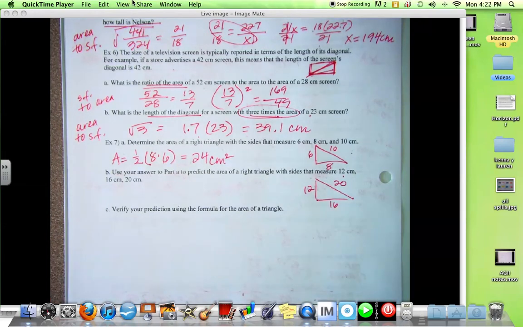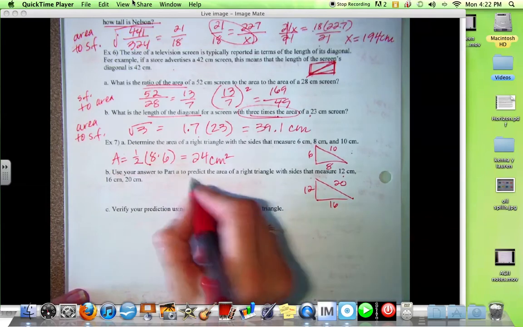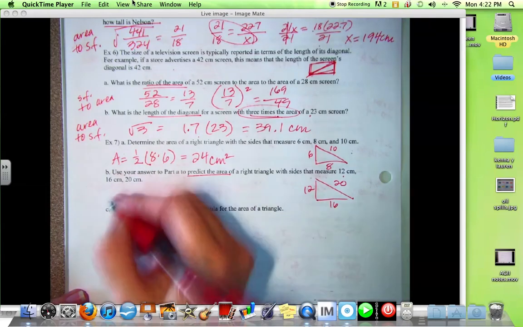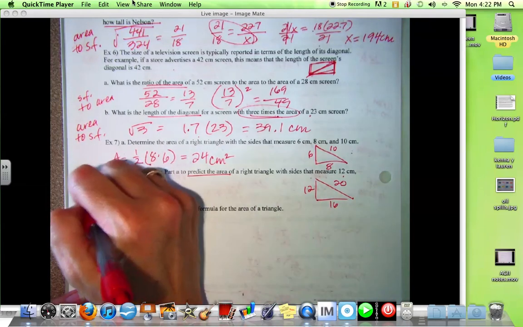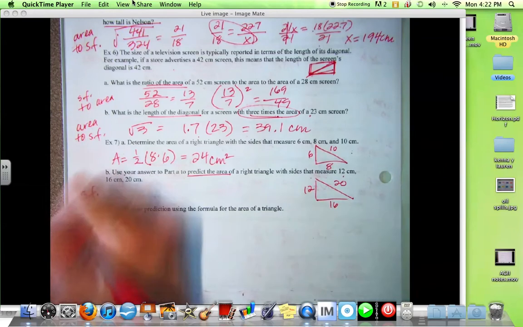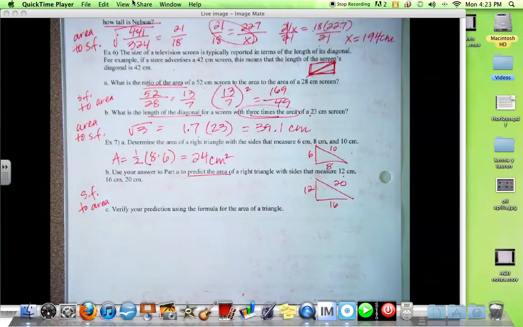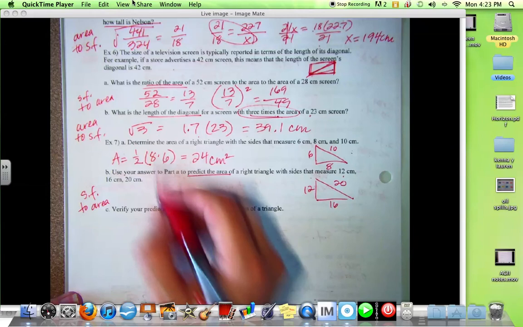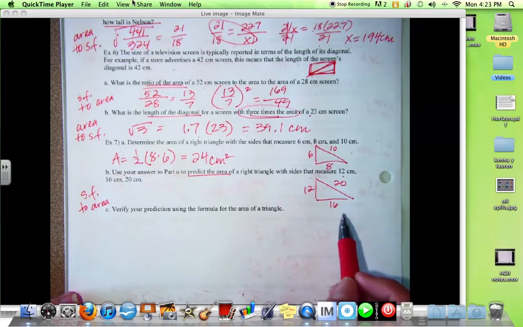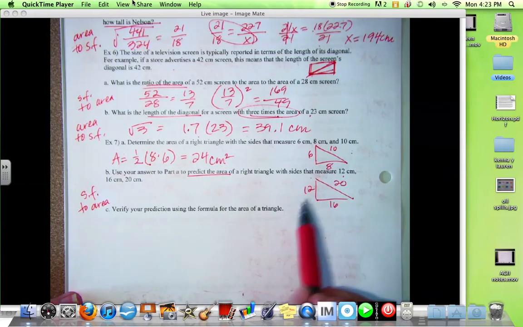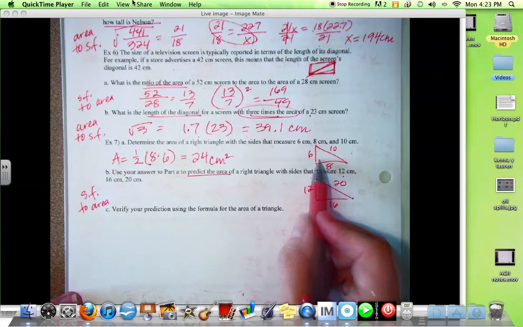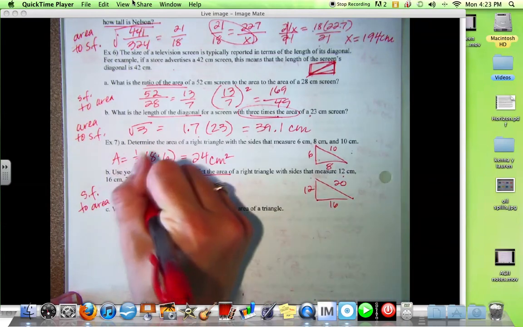So we're asked to predict. That means we're going to use a scale factor to area ratio to predict our new area. So our scale factor, doesn't matter which sides we choose, we have a scale factor from the new one to the small one, so 12 to 6.